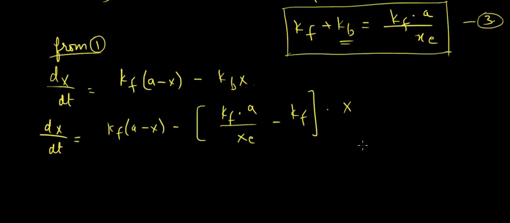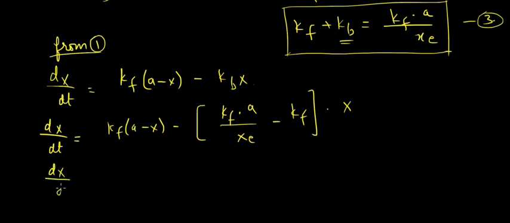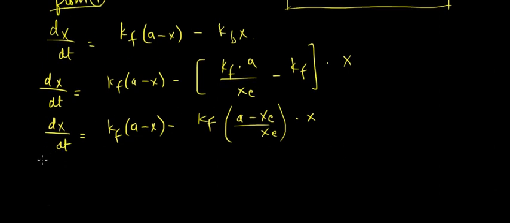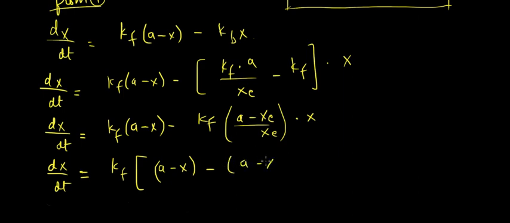Okay, so this would be nothing but dx by dt equal to kf times a minus x minus kf times a minus xe upon xe, just simplifying this term, times x. Okay, so from these two terms as well we can take out the kf as the common factor. So kf times a minus x minus a minus xe divided by xe times x.